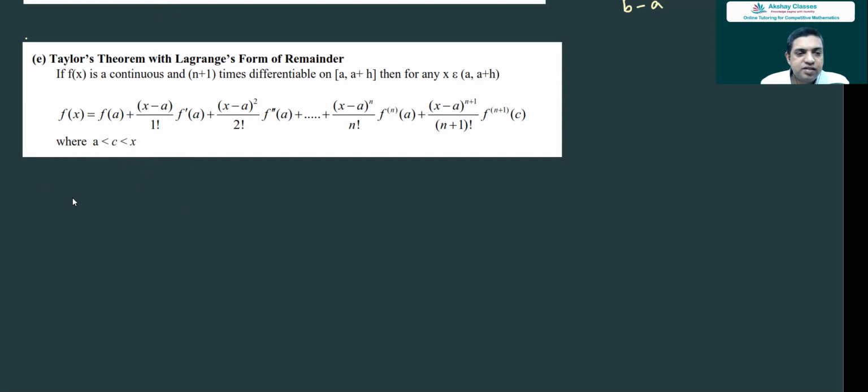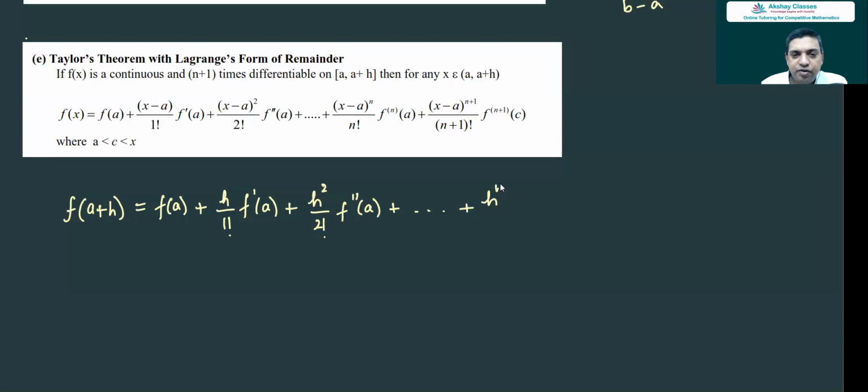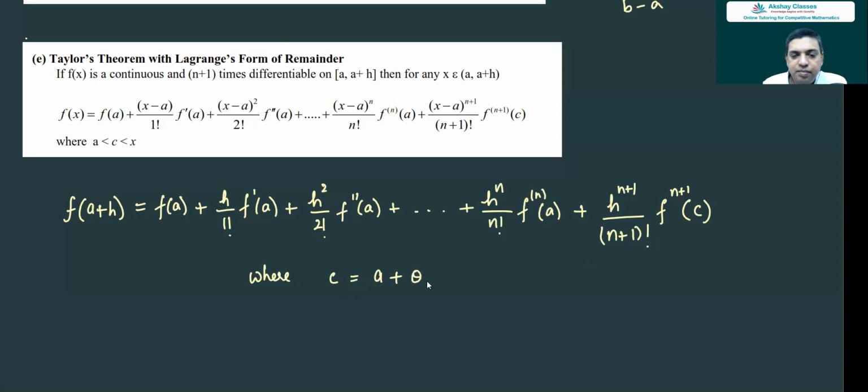The common form in which this is written is f of a plus h is equal to f of a plus h by 1 factorial into f dash a, plus h square by 2 factorial into f double dash a, and so on, plus h power n by n factorial into nth derivative of f at a, plus h power n plus 1 by (n plus 1) factorial into (n plus 1)th derivative at c, where c is a plus theta h, where theta lies between 0 and 1.